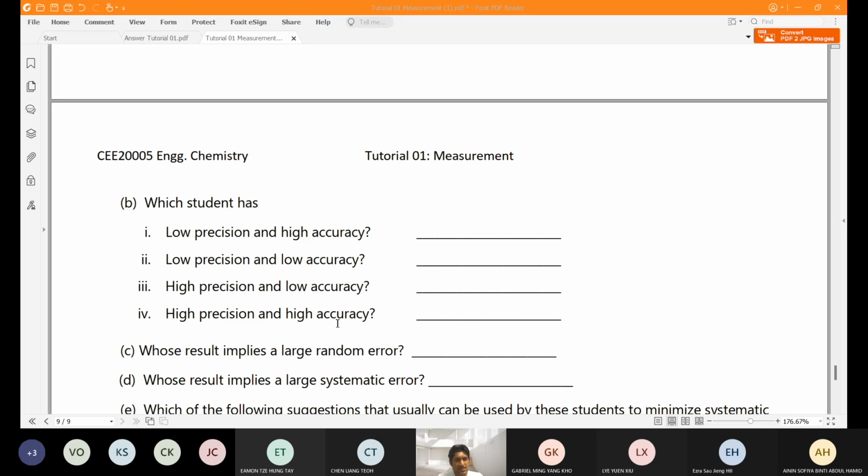Low precision, high accuracy will be the student who has the lower percentage of error. Or whoever has the lower percentage of error but higher percentage of uncertainty does not have good precision. So we have to do all those calculations to find out who has better accuracy.